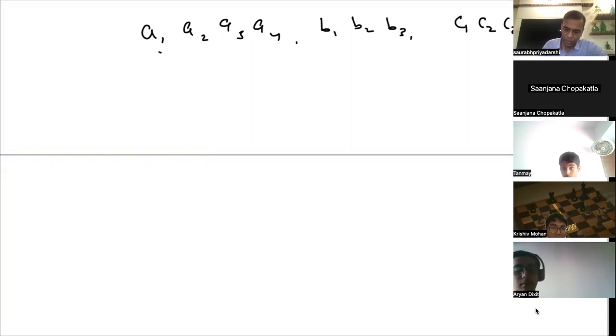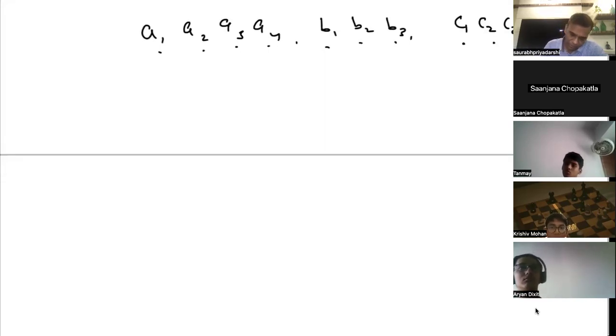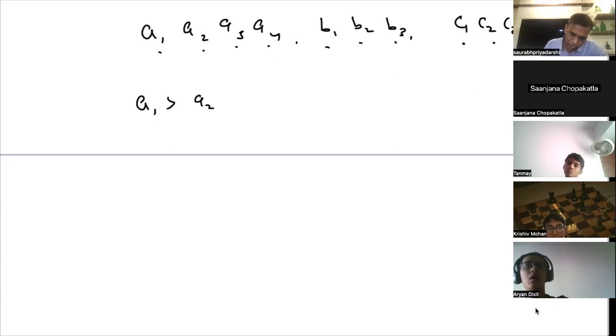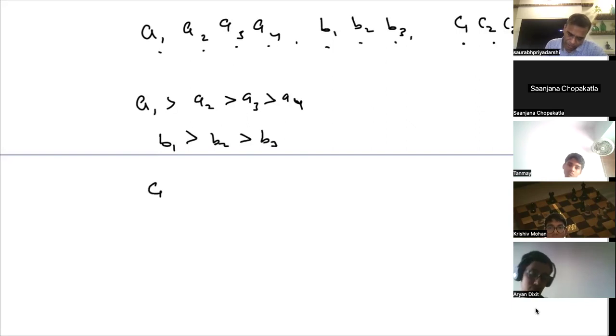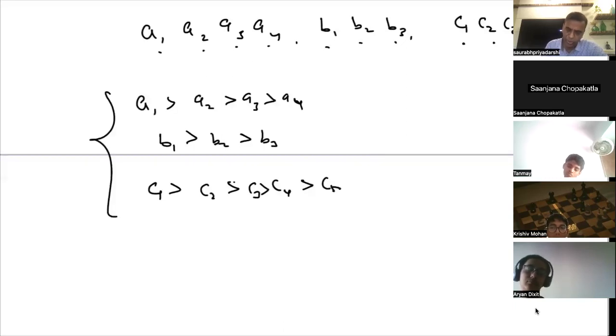We have to arrange 1, 2, 3, 4, 5, 6, 7, 8, 9, 10, 11, 12, 7 and 5, 12, right? We have to arrange them in such a way that A1 greater than A2 greater than A3 greater than A4, B1 greater than B2 greater than B3, and C1 greater than C2 greater than C3 greater than C4 greater than C5, right? In how many ways can we arrange this?